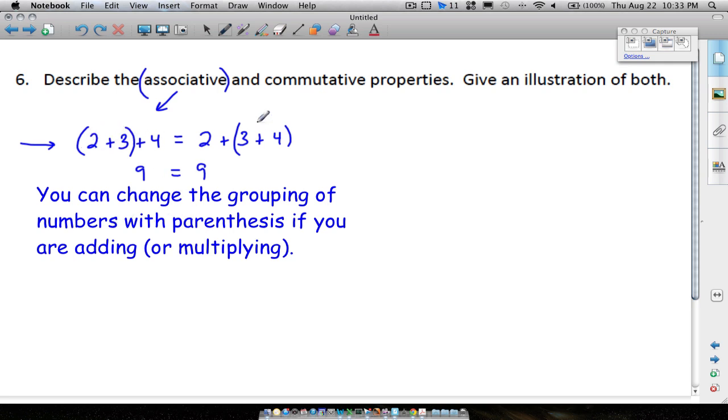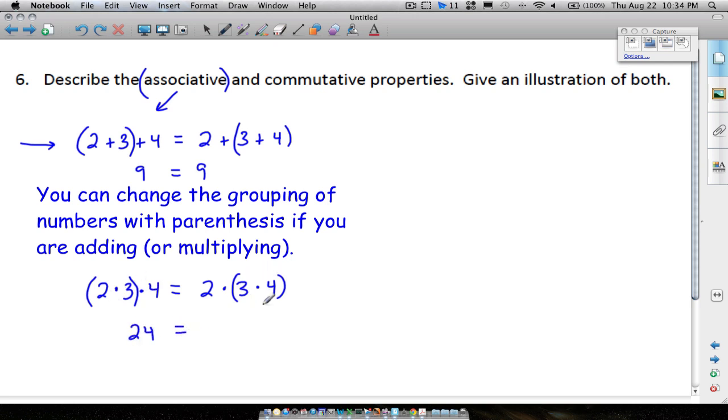That's exactly what we did here if you're adding, but this also works for multiplying. 2 times 3 times 4, grouping the 2 and the 3, and then we can take 2 times 3 times 4 and group the 3 and the 4. Let's do this real quick. Checking by multiplying. 2 times 3 is 6, working inside your parentheses, and then 6 times 4, you get 24.